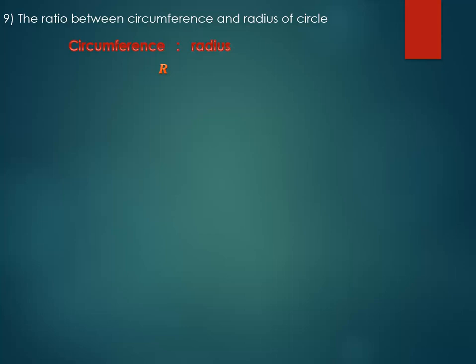The ratio between the circumference and radius. The rule with radius is 2 times pi times r, right? It will be 2 pi to 1, which is 2 pi, or 2 times 22 over 7, which is 44 to 7, or 44 over 7.